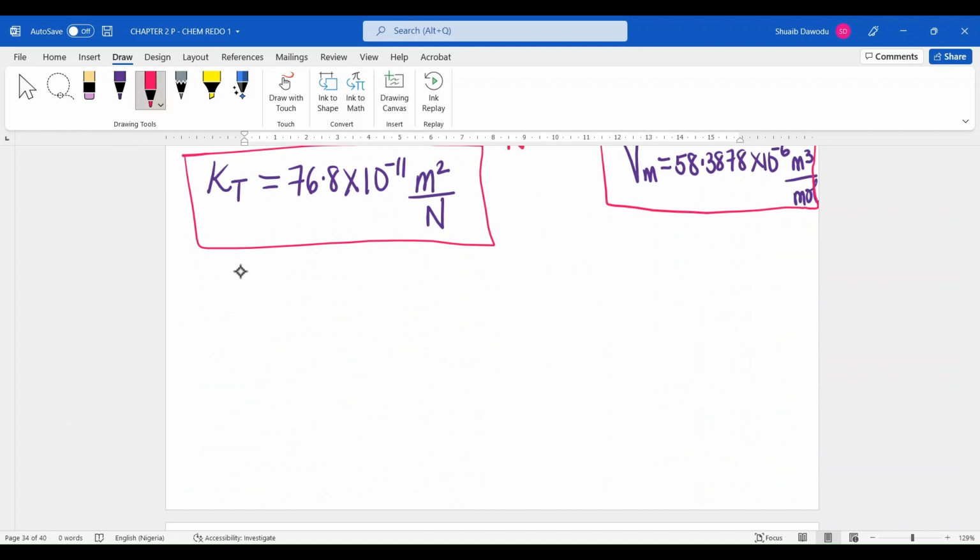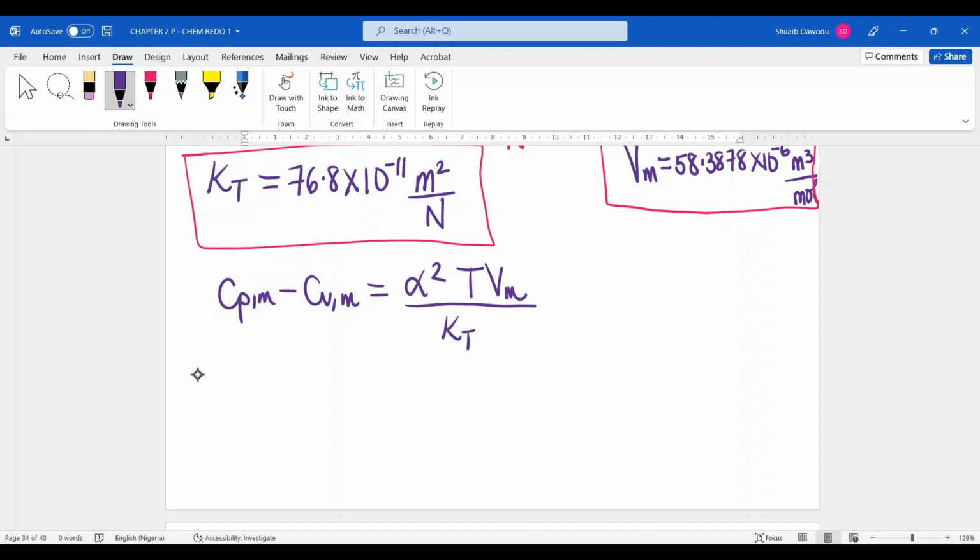Rewriting, we know that Cp,m minus Cv,m is alpha squared times temperature times molar volume divided by KT. So Cp,m minus Cv,m is just going to be alpha squared.